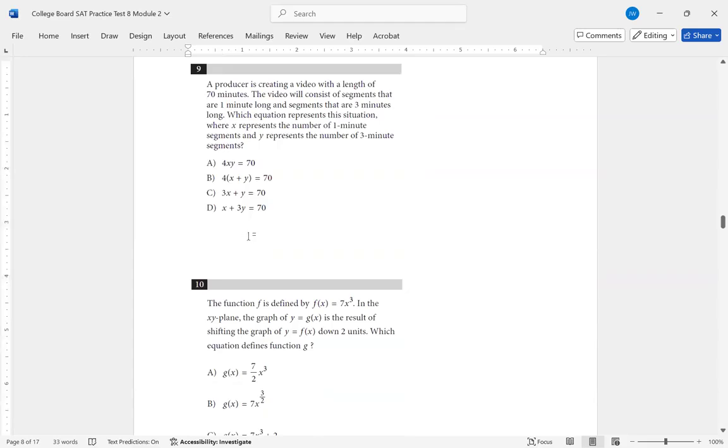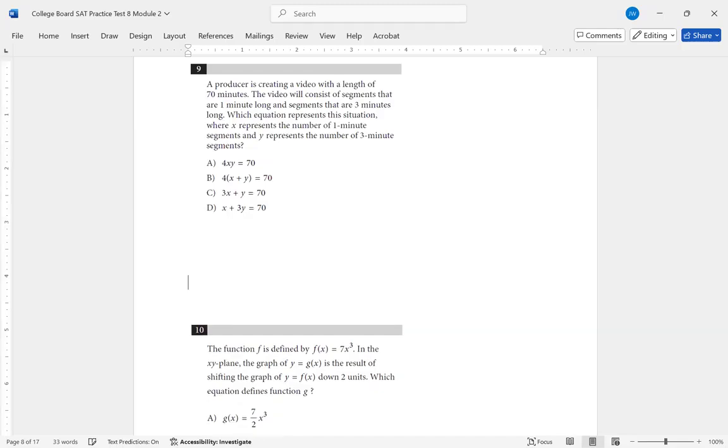Question 9. A producer is creating a video with a length of 70 minutes. The video will consist of segments that are 1 minute long and segments that are 3 minutes long. Which equation represents this situation where x represents the number of 1 minute video segments, and y represents the number of 3 minute video segments?